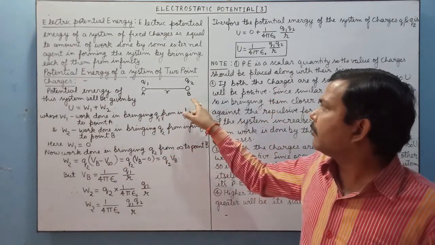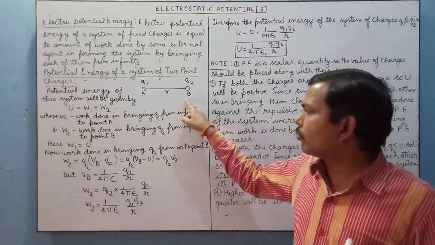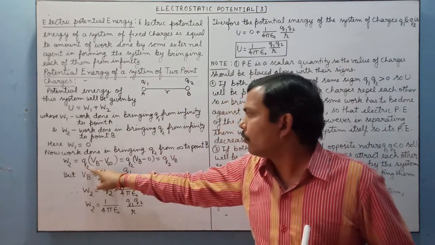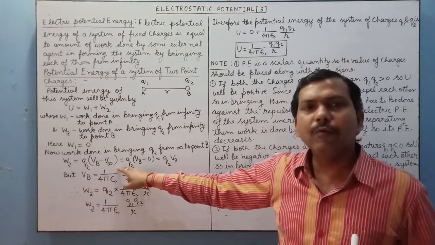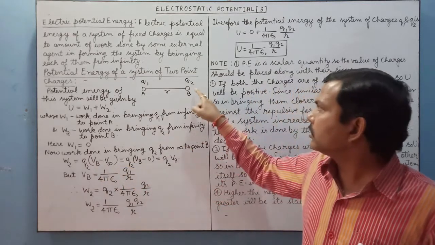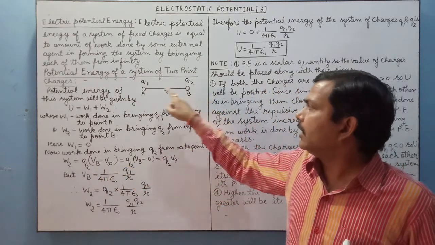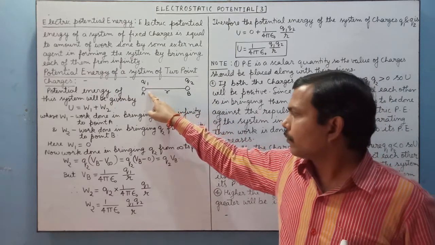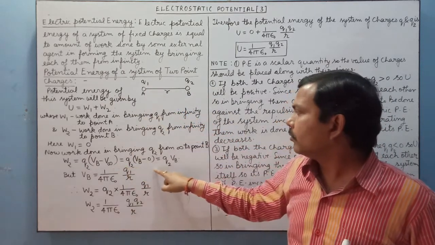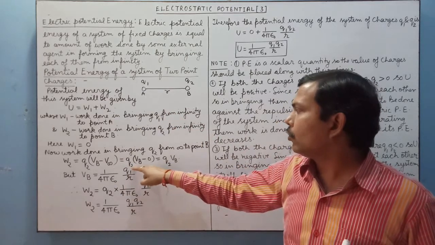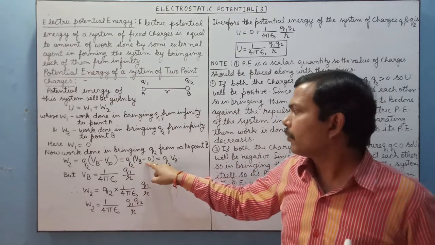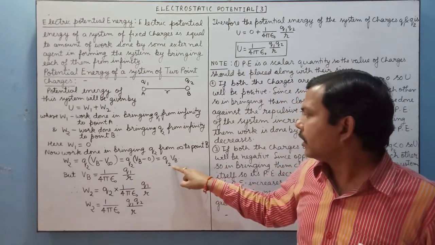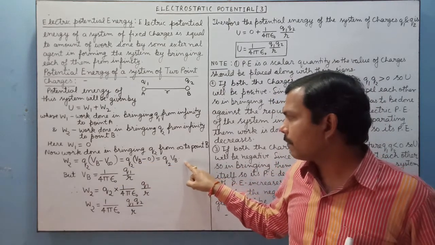Now the work done in bringing Q2 from infinity to point B is W2 = Q2 (VB − V∞), because this charge will move in the electric field of charge Q1. V∞ is 0, so it will be Q2 into VB.